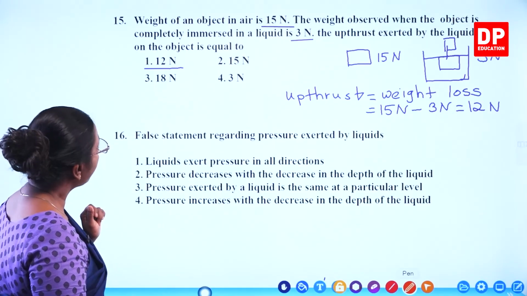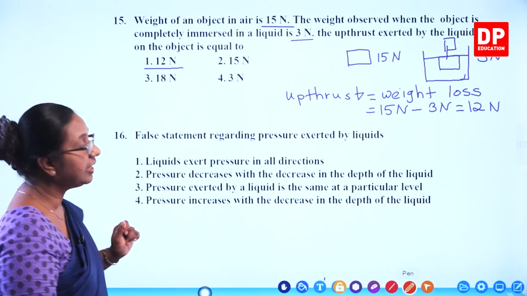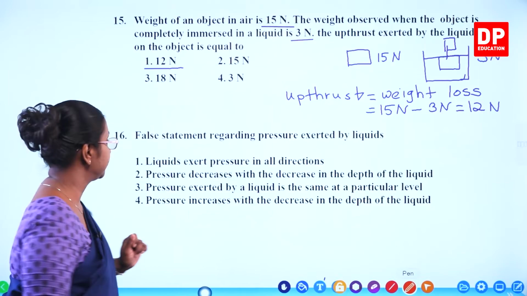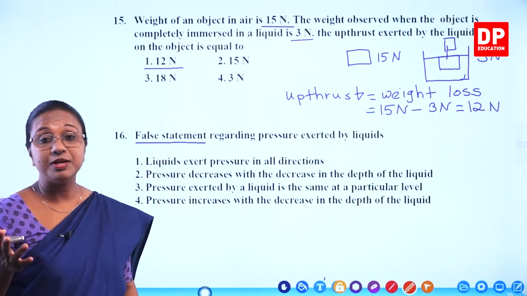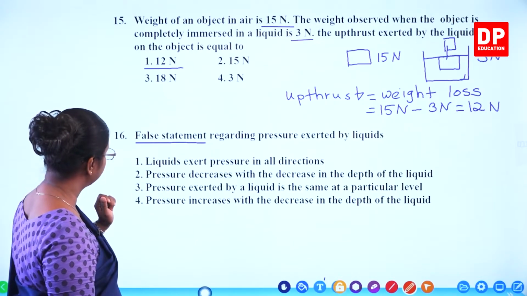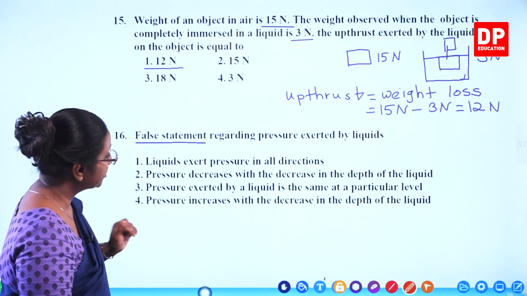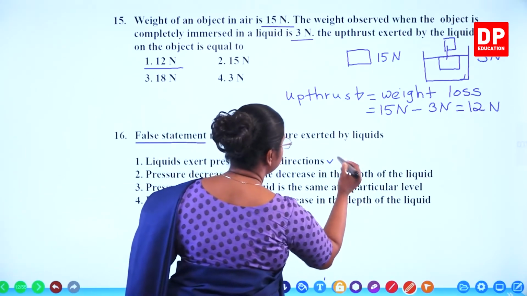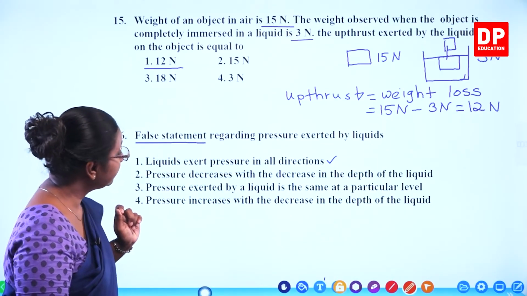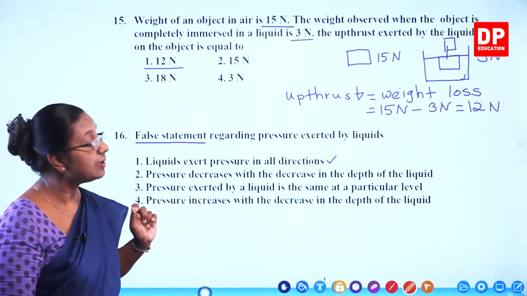16. False statement regarding pressure exerted by liquids. The false statement. So always you have to check this, whether it's a true statement or the false statement. Liquids exert pressure in all directions. That is correct. We have observed this also. Pressure decreases with the decrease in the depth of the liquid.